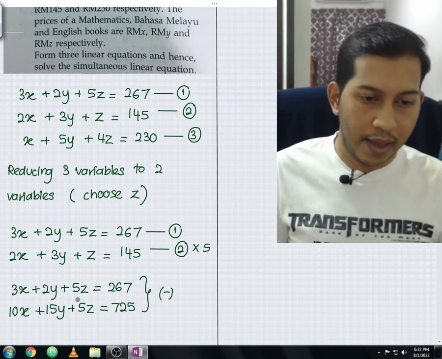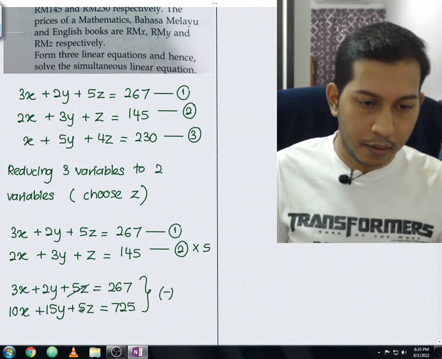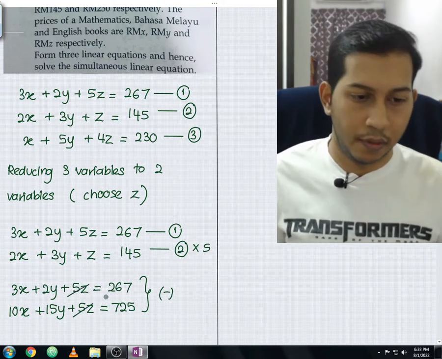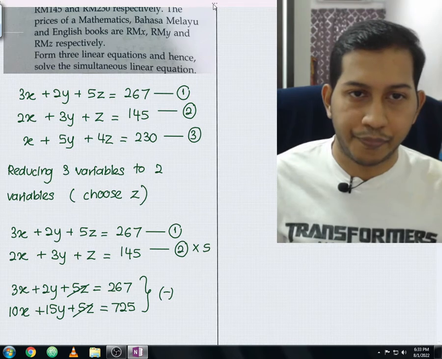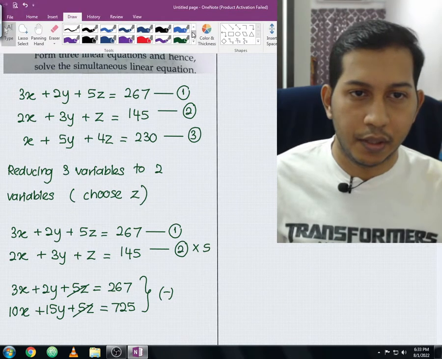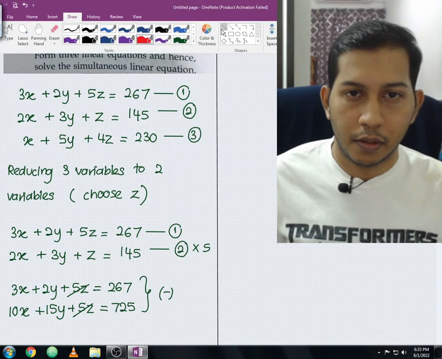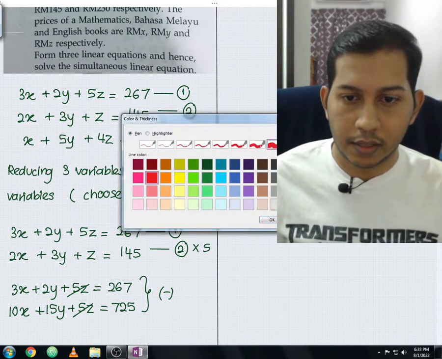Hence the z variable will get canceled off. So from here, let me choose a different pen. Let me change the thickness.